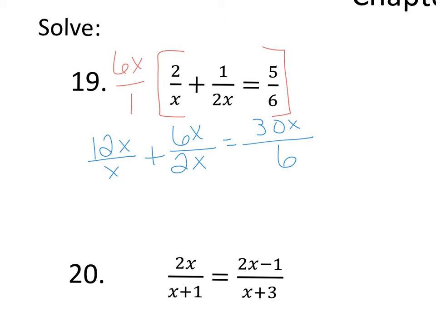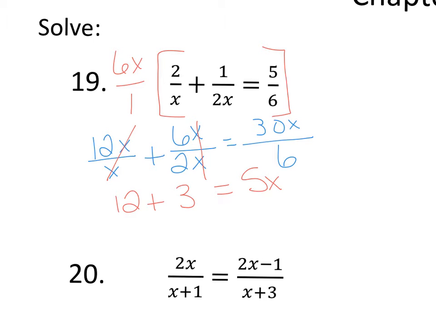And now we're going to reduce them. So when you look at each one, you're looking for what you can reduce. And in this term, we can reduce the x's, so that makes 12 plus, all right, these x's reduce. 6 divided by 2 is 3, so this becomes a 3 equals, all right, this x isn't going to reduce since there's not 1 in the denominator, but we do know that 30 divided by 6 is 5, so this becomes 5x.